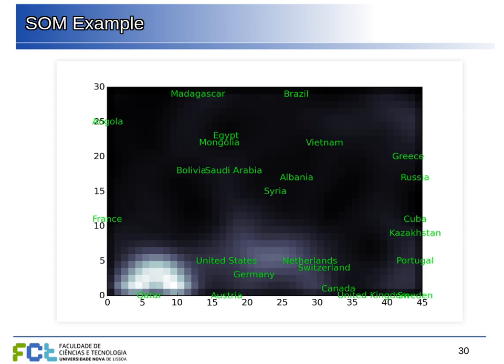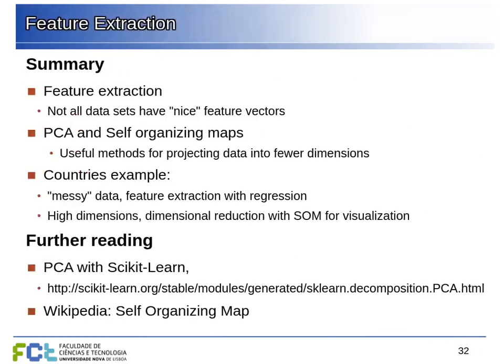But the first step was obtaining those 16 features, in which we had to work with the data and somehow extract relevant information that we could put in an organized form in order to be able to pass on to these kinds of algorithms. Okay, so to sum up, we saw the motivation for feature extraction.